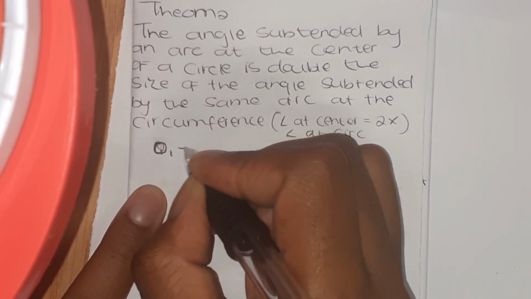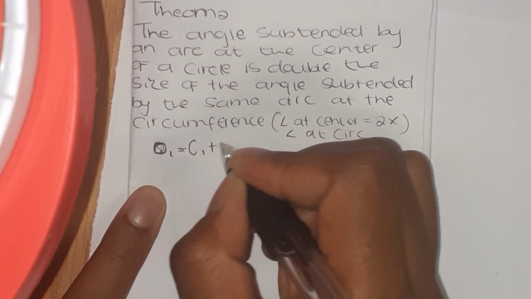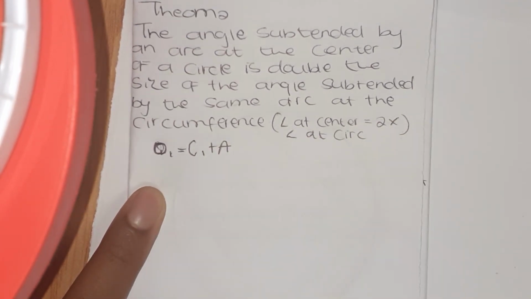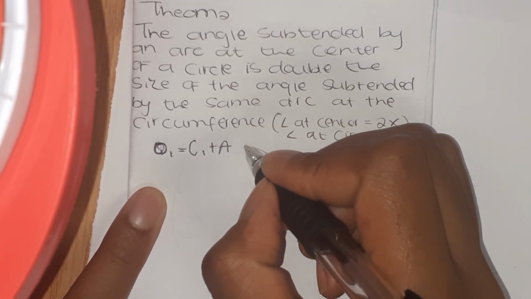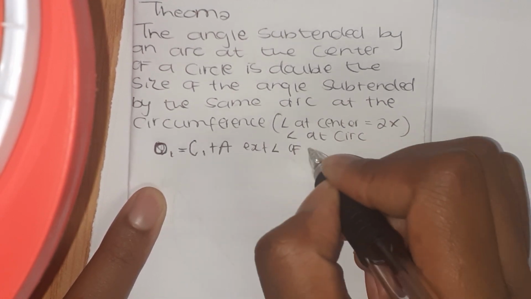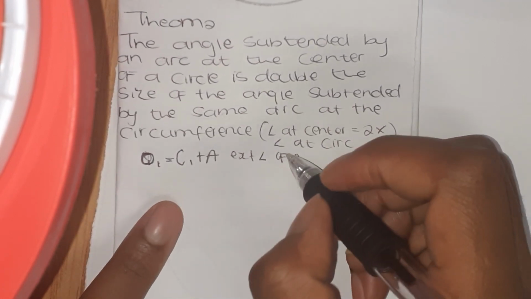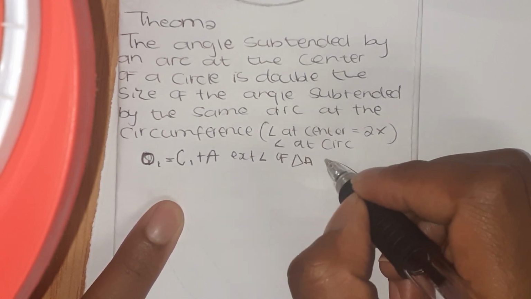O1 equals C1 plus A, and that is an extended angle of a triangle AOC.